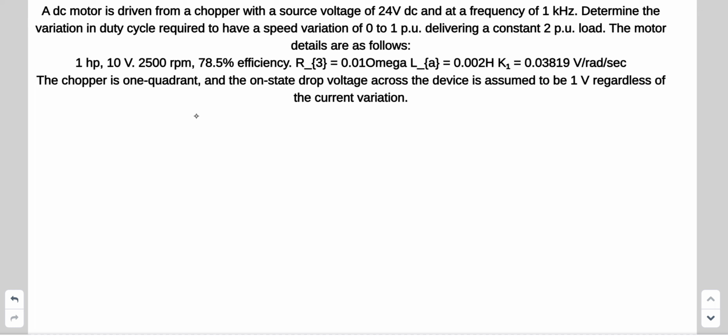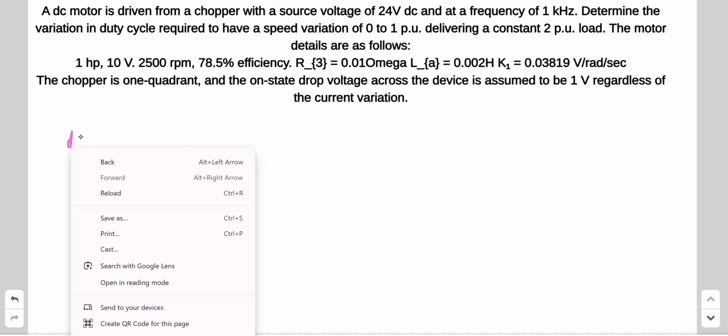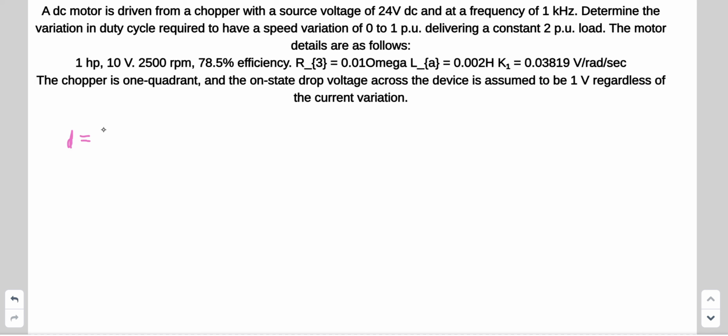First we will see what the formula for the duty cycle in terms of torque is. So duty cycle D is equal to T per unit into R per unit plus omega, the speed in per unit, divided by V per unit, the source voltage per unit.